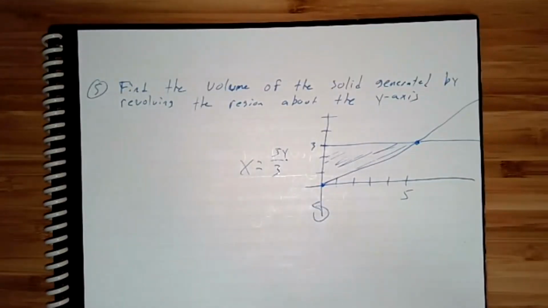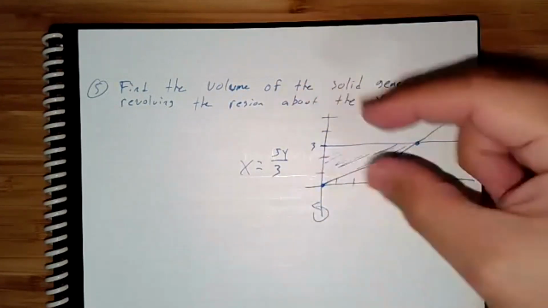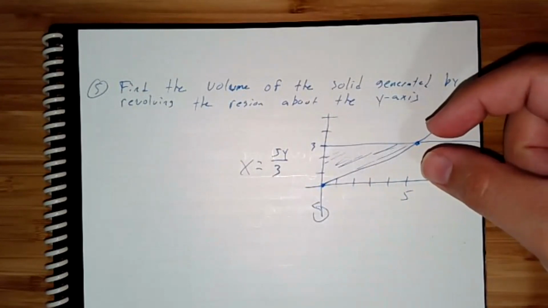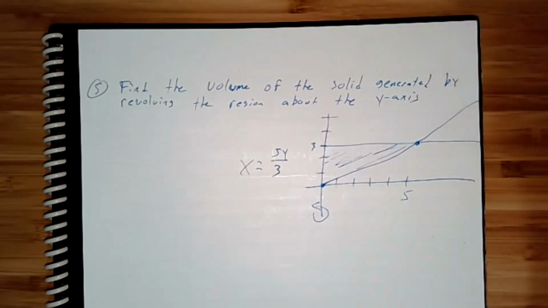Which method should we use? Or how should we slice? That's probably another better question. If you notice the shape, it doesn't matter how we slice, because it's just a geometric triangle, right? Technically, you could use the geometric formula 1/2 base times height, and you would get the area.